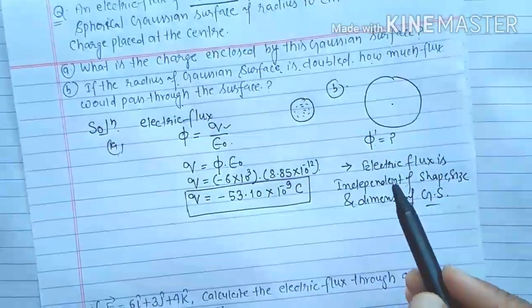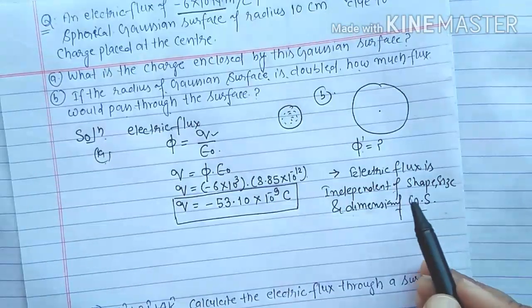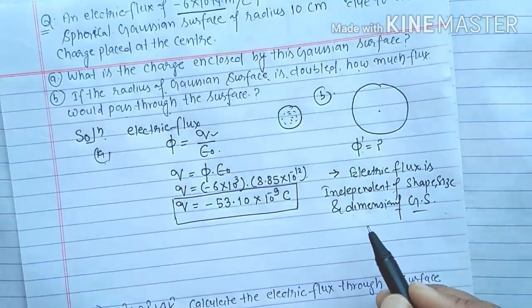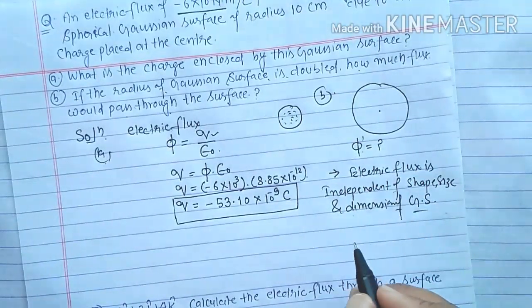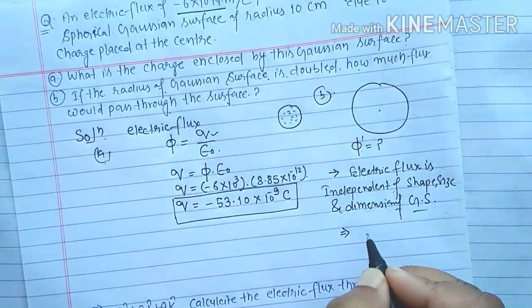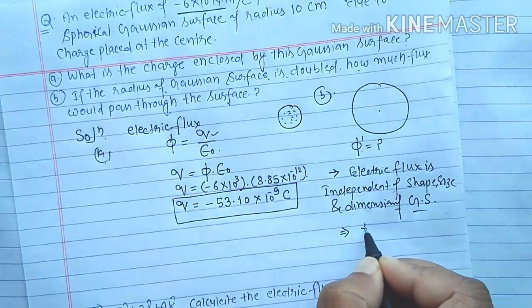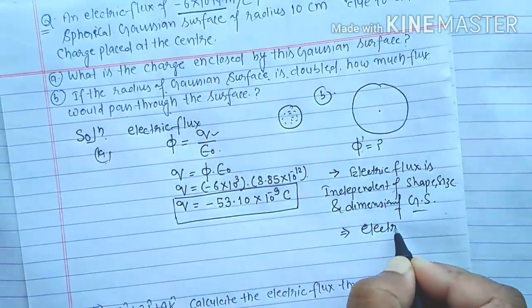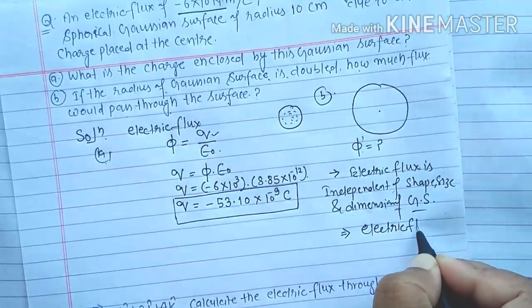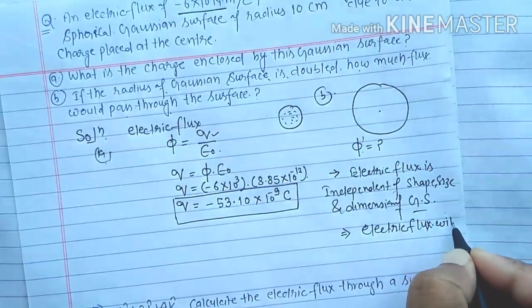So therefore what will be the conclusion? Conclusion will be that the amount of flux will remain the same. Electric flux will remain the same.